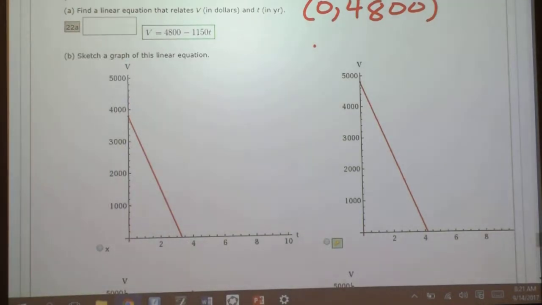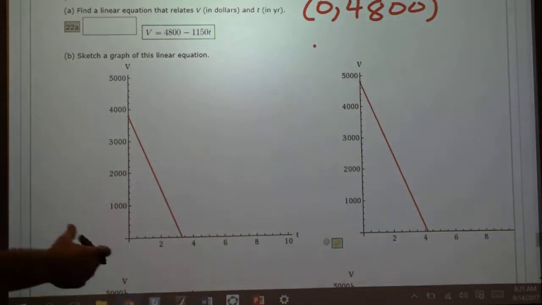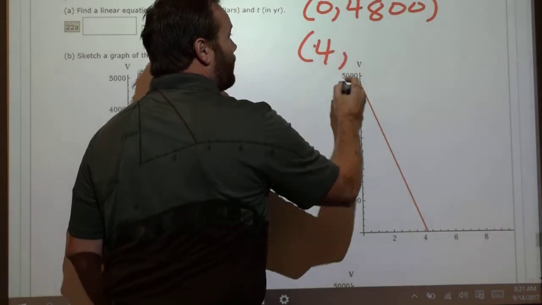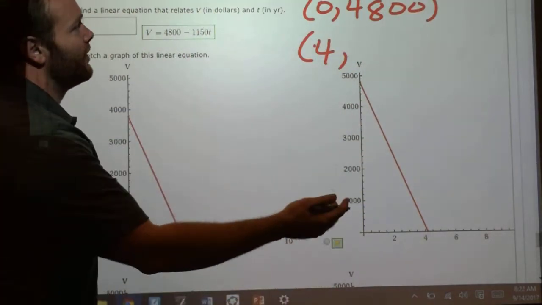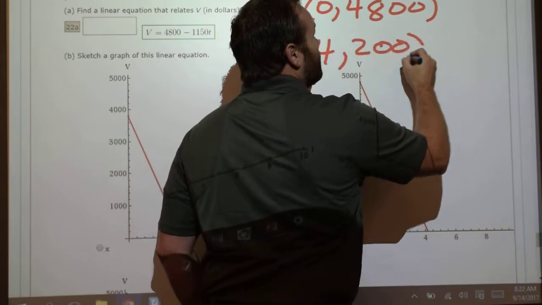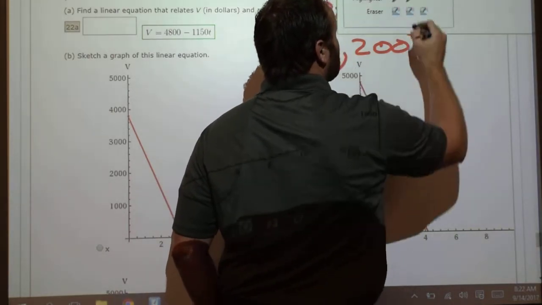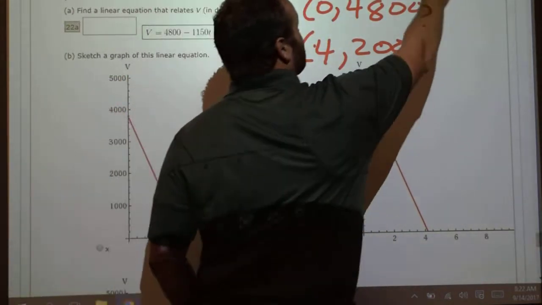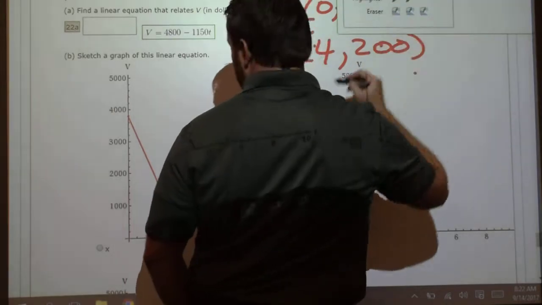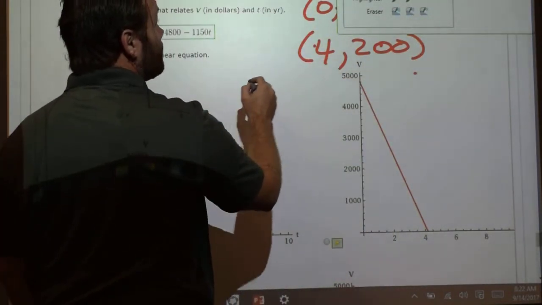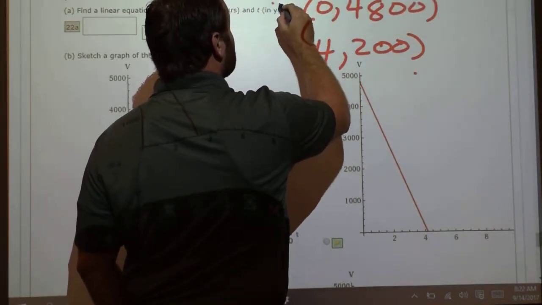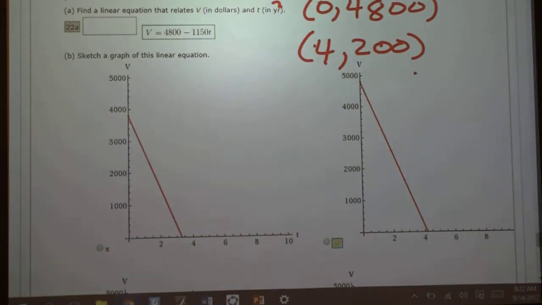Then 4 years later, so year 4, we are at, in this case, 200. So we're 0, comma 4,800, and 4, comma 200. So we need to find a slope between those two points. Those are your ordered pairs.